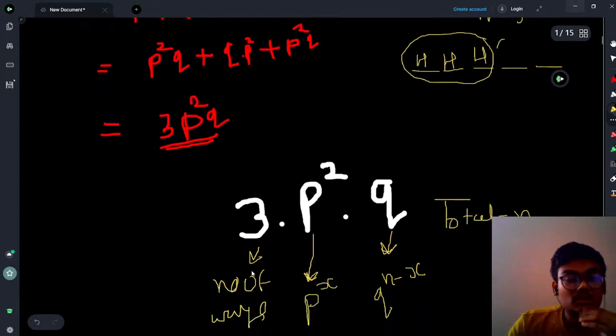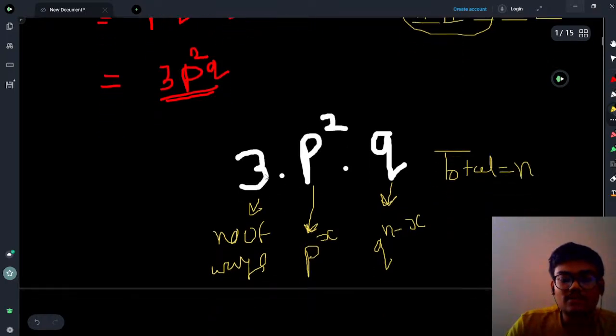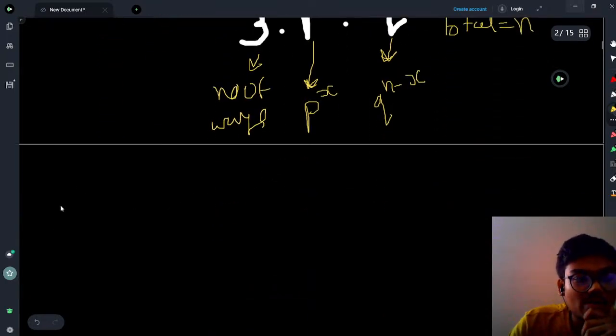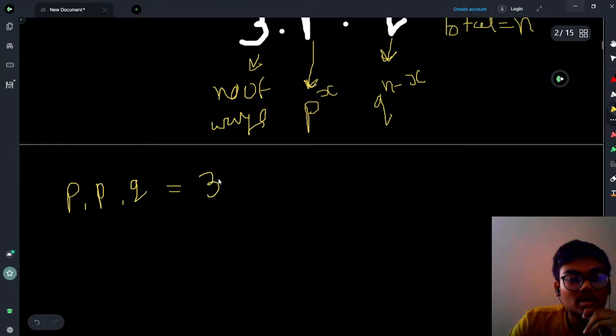Here we write nCx. So why are we writing nCx? Let me clear that doubt too. If we have three letters p, p and q, and we want to make a string from these three letters, the total arrangement is 3 factorial, and since these two are the same, we divide by 2 factorial.